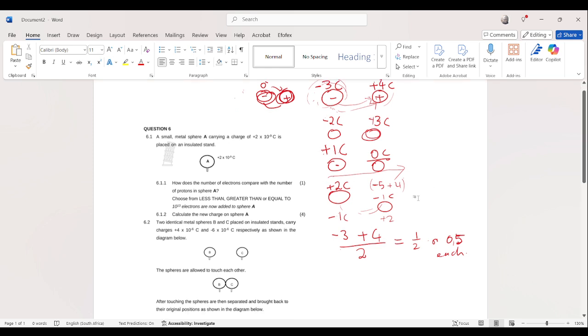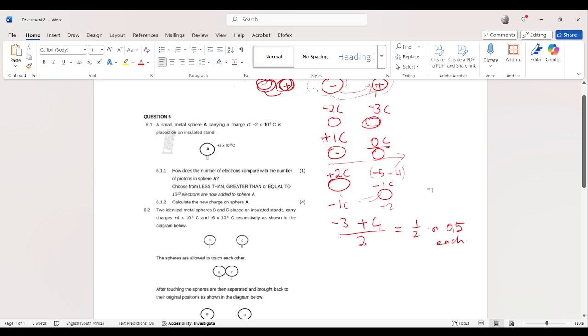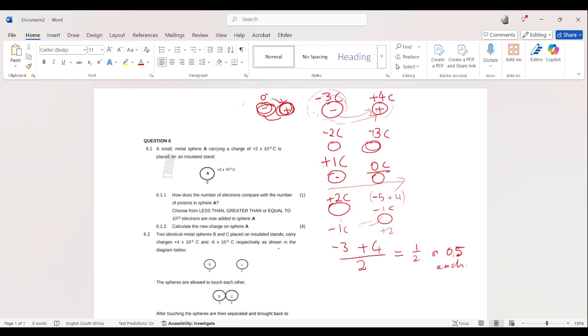In order for you to know the number of electrons you have to transfer, first of all, is it positive or negative? Positive. Yeah, that's true.